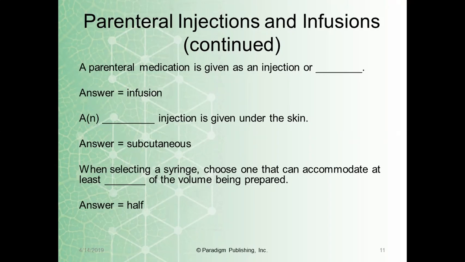You would choose the one that's, remember, half the amount. So that would be either the 3 mL or the 5 mL. But of course, the 3 mL would be more accurate than the 5, so you would go ahead and use the 3 mL syringe. You would not use the 10 mL syringe because the measurement won't be as accurate as the syringe that's closest to the volume.